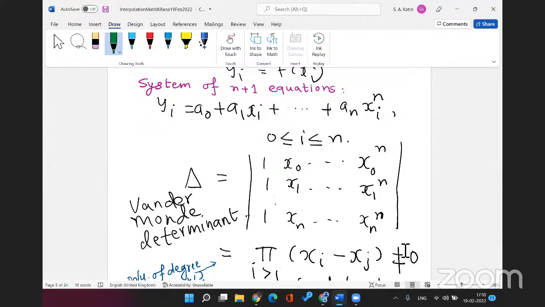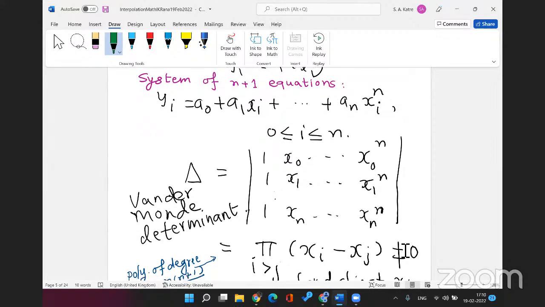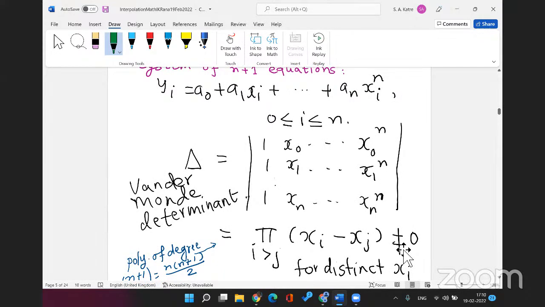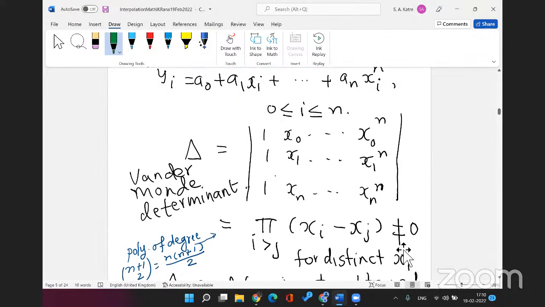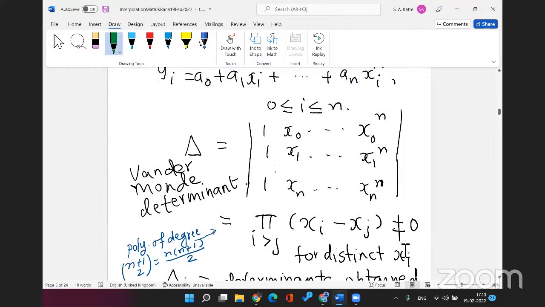This determinant is called the Vandermonde determinant. You will easily see that when you expand this, you get a polynomial of degree n into n plus 1 by 2. Because from the first column we are taking the degree 0 term, from the second column the degree 1 term, from the third column the degree 2 term, and so on, and from the n plus 1th column the degree n term.